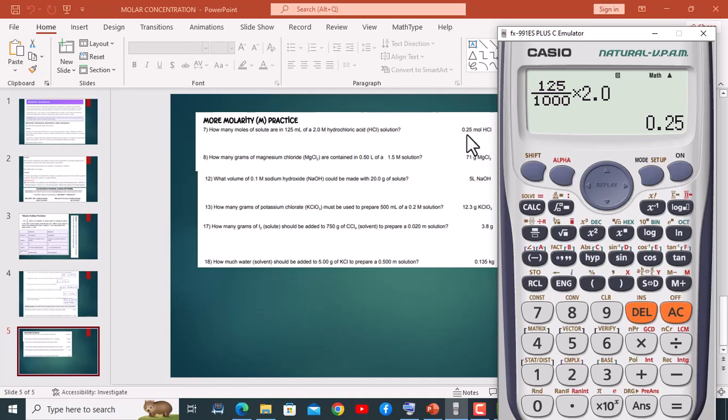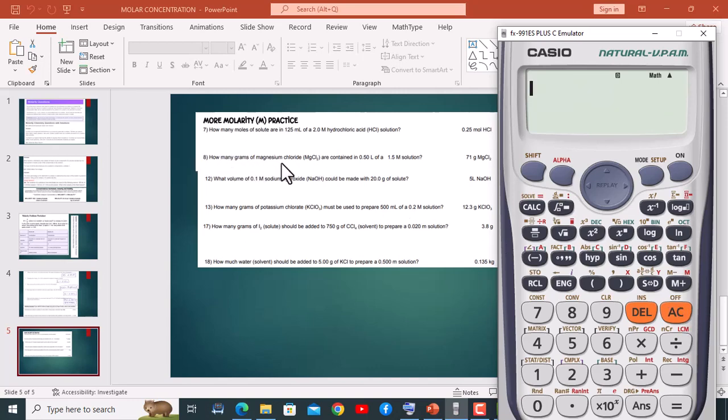So we need 0.25 moles of HCl inside a solvent of 125 milliliter in order to produce a concentration of 2.0. Okay, that is fine. Let's go to number 8.